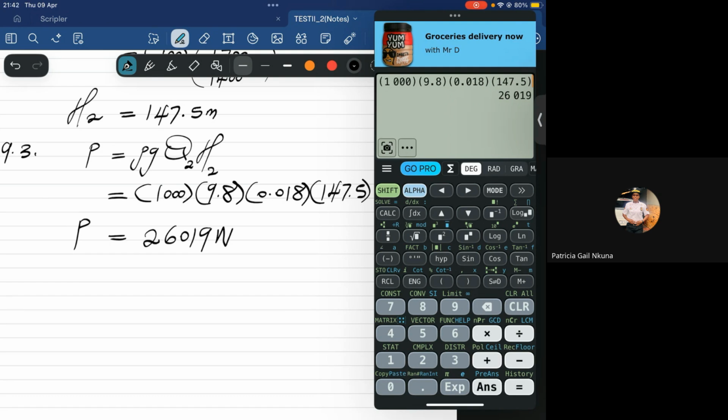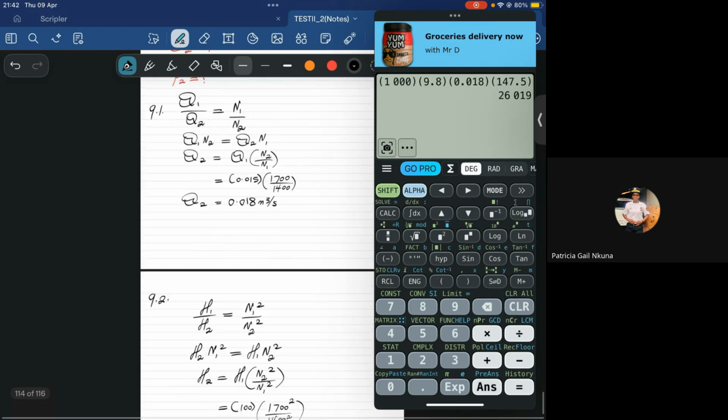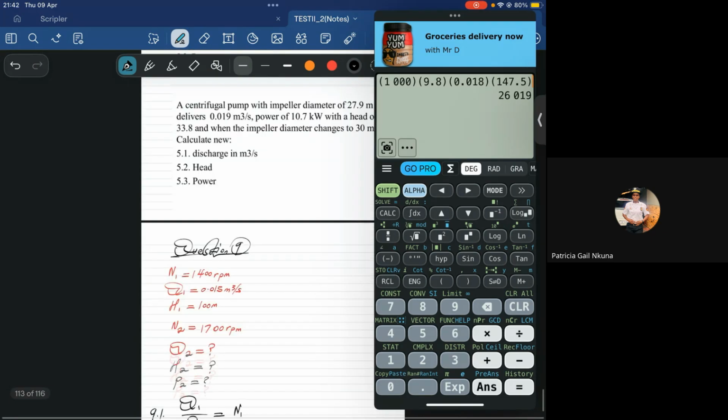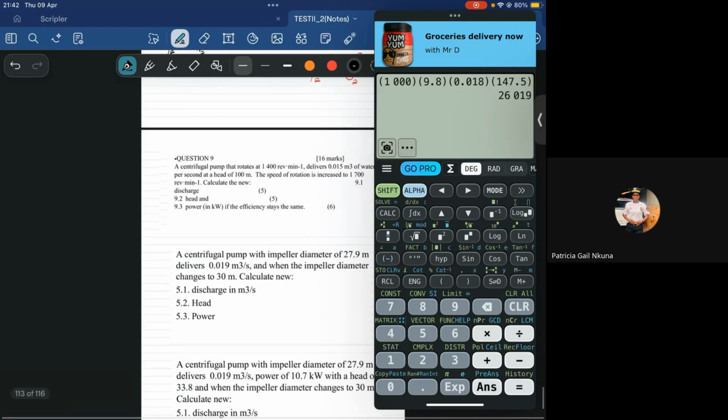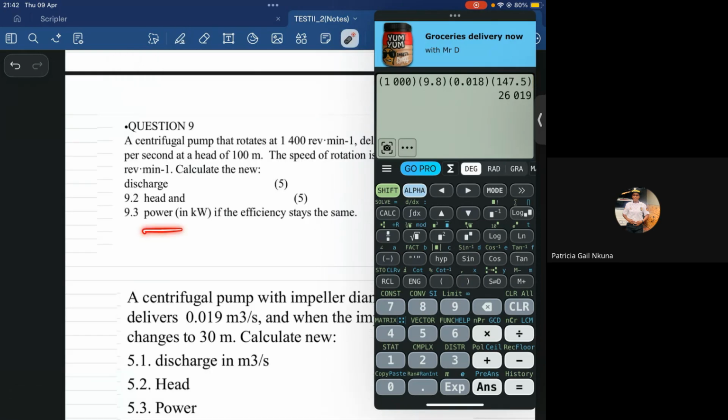26,019 watts. But they said this power must be in kilowatts according to this question. We must calculate the new power in kilowatts.